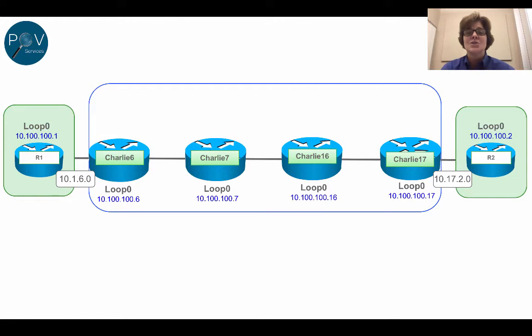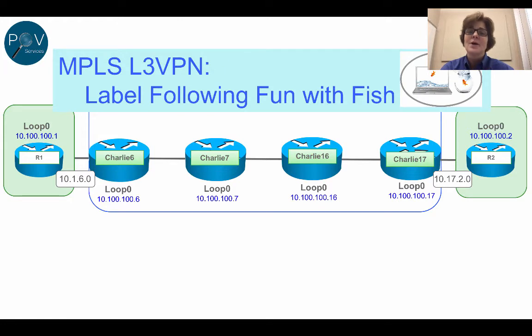It really gets into RDs, RTs, route targets, and route distinguishers, and things like that. We're not going to get into that stuff today. What we're going to get into today with MPLS L3VPNs is some label following fun with fish. So RTs, VRFs, RDs, things like that we're not going to talk about.